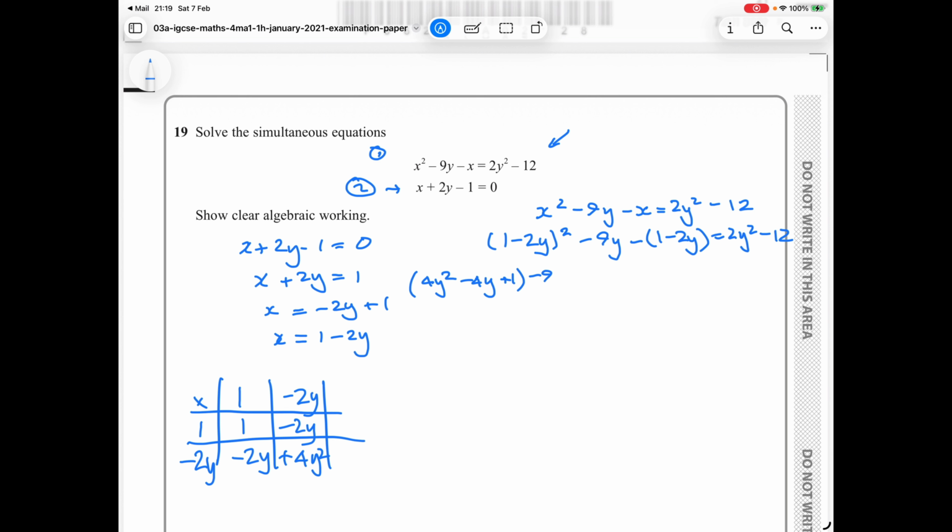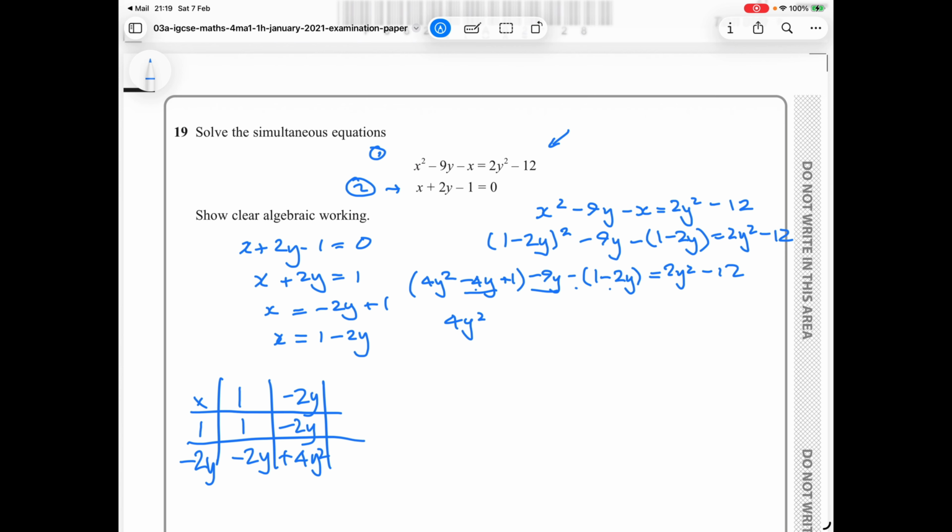minus 9y minus, I'm just going to put that into brackets again, (1 minus 2y) equals 2y squared minus 12. Let's just get rid of some of the stuff on the left-hand side. So we've got 4y squared, and it's minus 4y minus 9y, then minus 2y ends up with plus 2y.